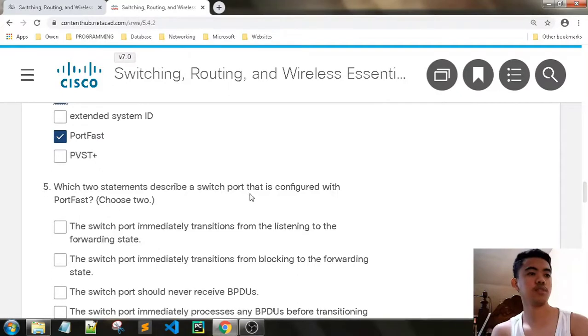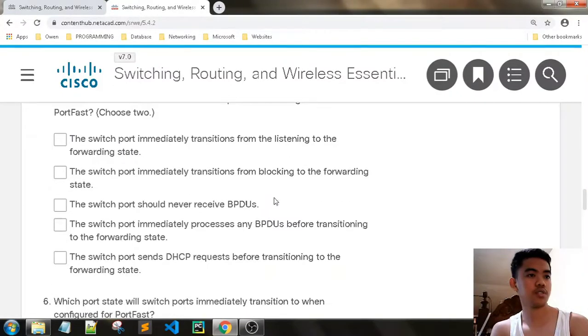Which two statements describe a switch port that is configured with PortFast? As we mentioned earlier, it immediately transitions from blocking to forwarding state, and the switch port should never receive BPDUs.